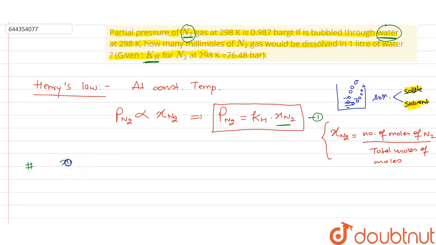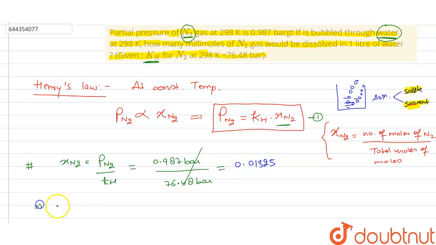So from here, the mole fraction of N2 will be partial pressure of N2 upon Kh, and the given partial pressure of N2 is 0.987 bar upon Kh, which is 76.48 bar. On cancelling out, we get 0.01325.